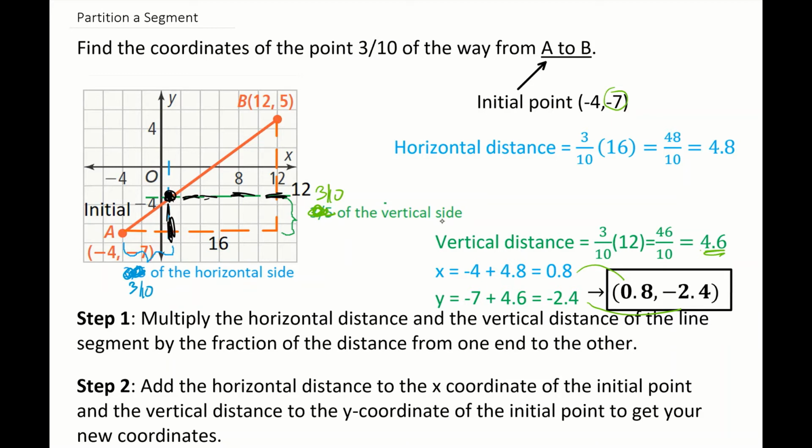So if we were to break this original line segment into 10 pieces, 1, 2, 3, 4, 5, 6, 7, 8, 9, 10 pieces, well, then there you go. This right here is 3/10 of the way, which is pretty interesting, right? We were able to calculate that just by doing the 3/10 of the way for the x side and 3/10 of the way for the y side.